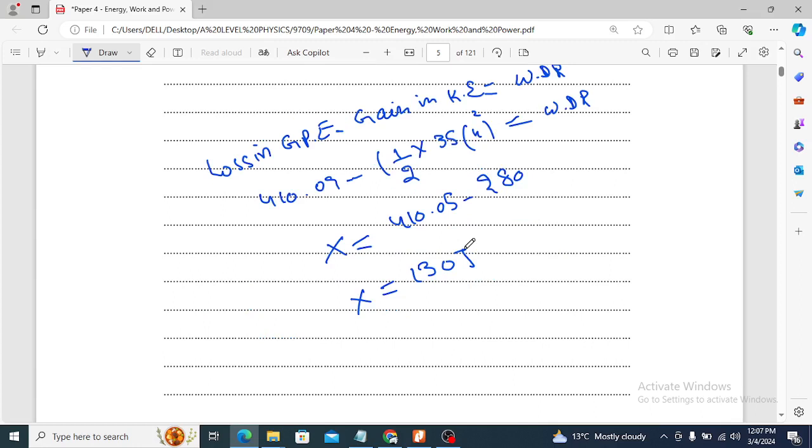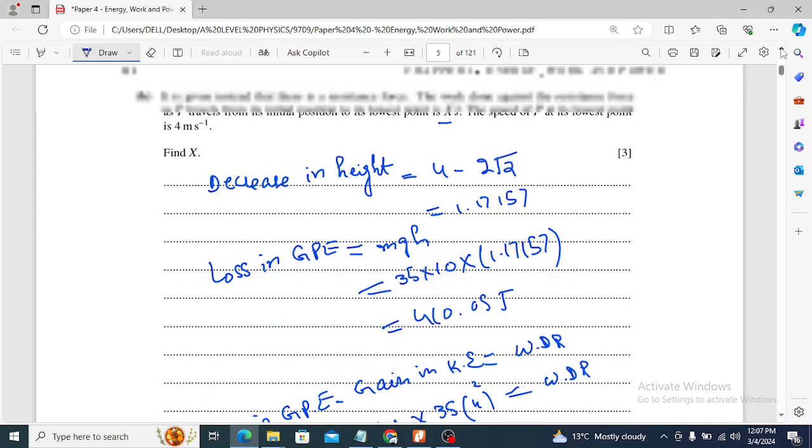So students, we get the value for x. It is given that there is a resistive force. The work done against the resistance force as P travels from its initial position to its lowest point is x J. The speed of P at its lowest point was 4 meter per second.